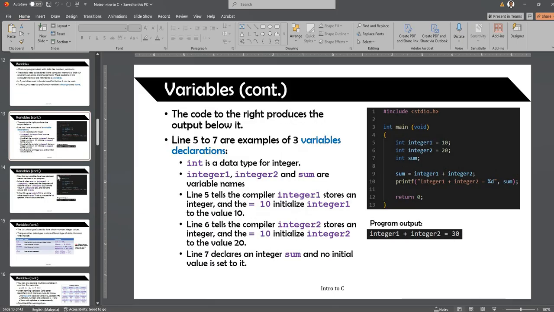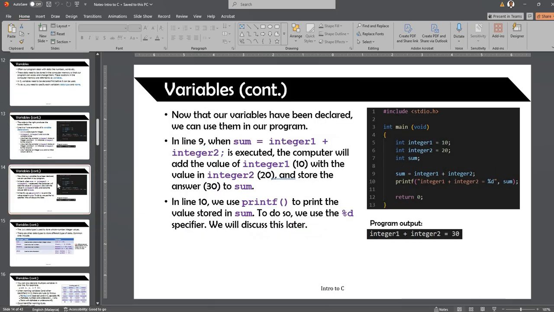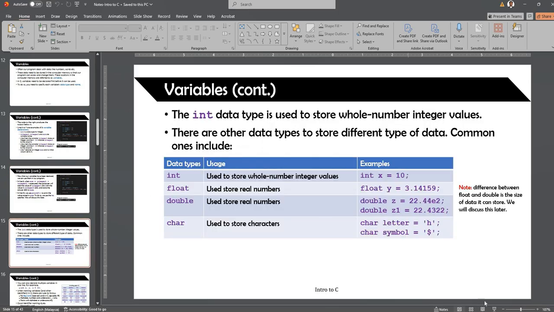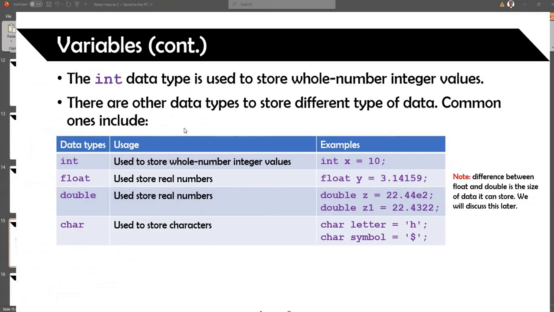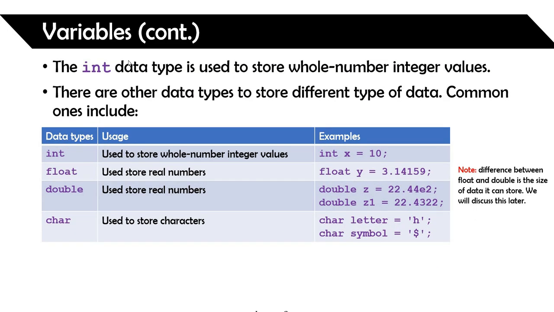So go back here. Where did we go? So here are the various types of integer data types.